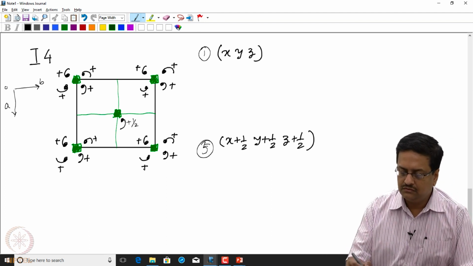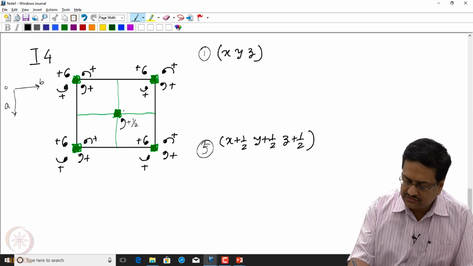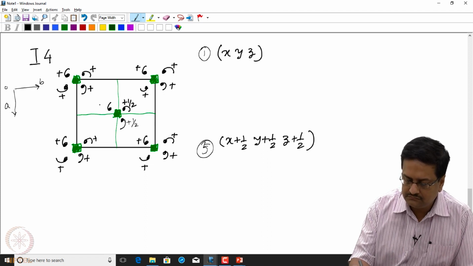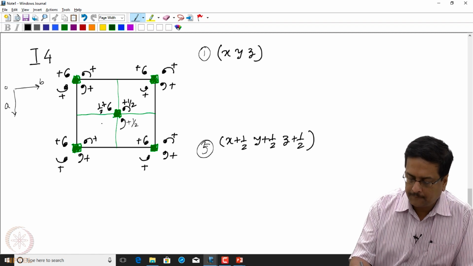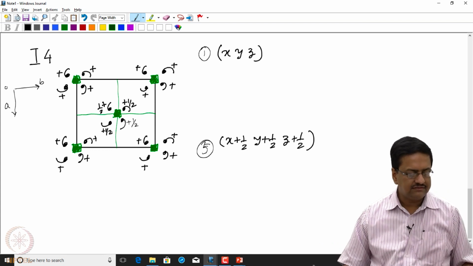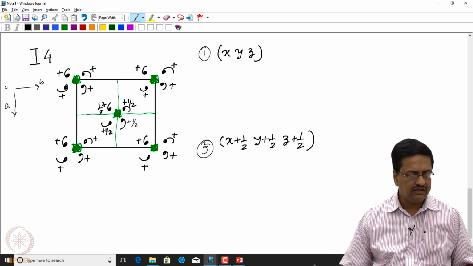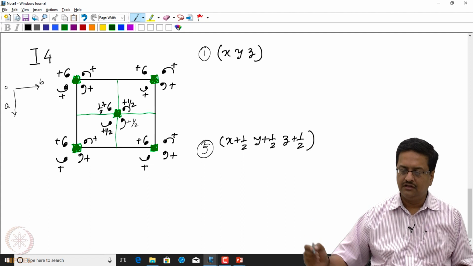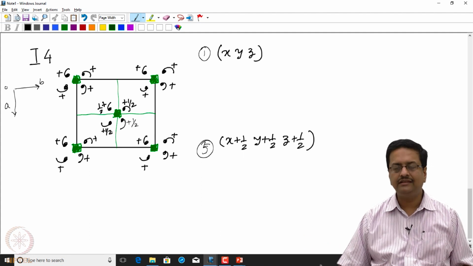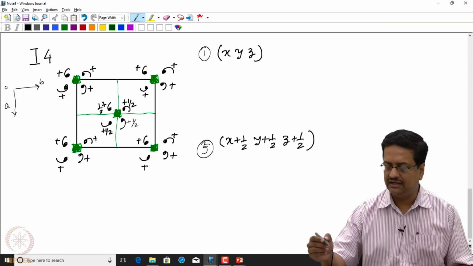Now we look at the center atom also, all will be plus half. So, as a result, what we have in this is a set of 8 equivalent points starting with x, y, z.